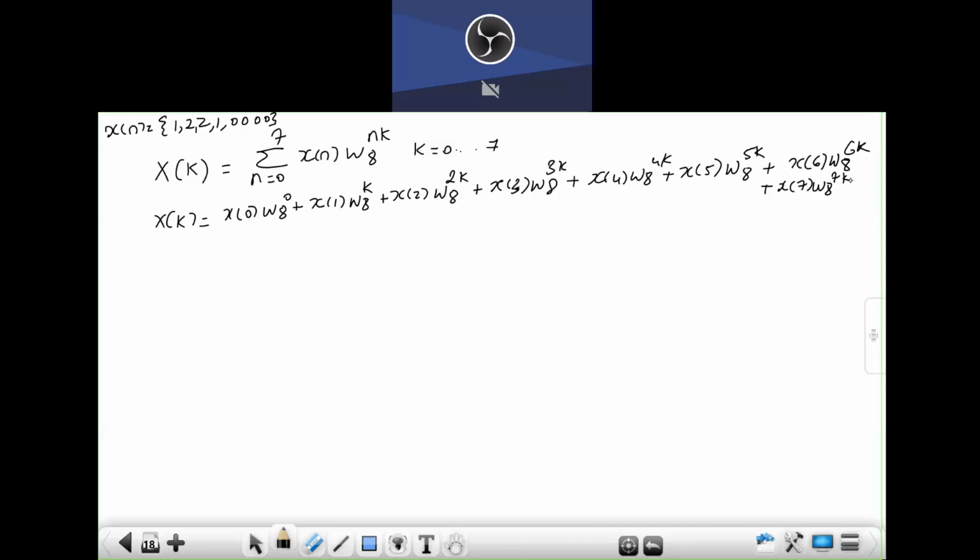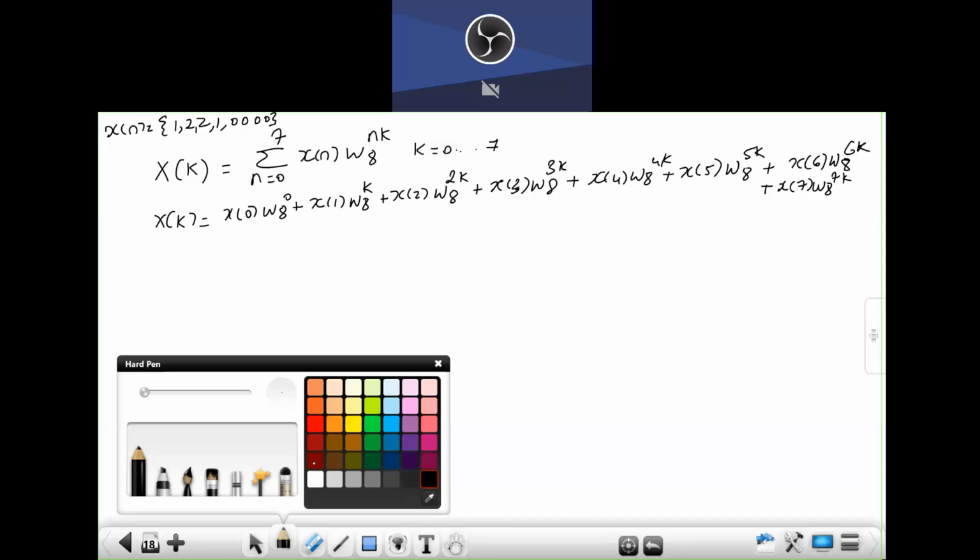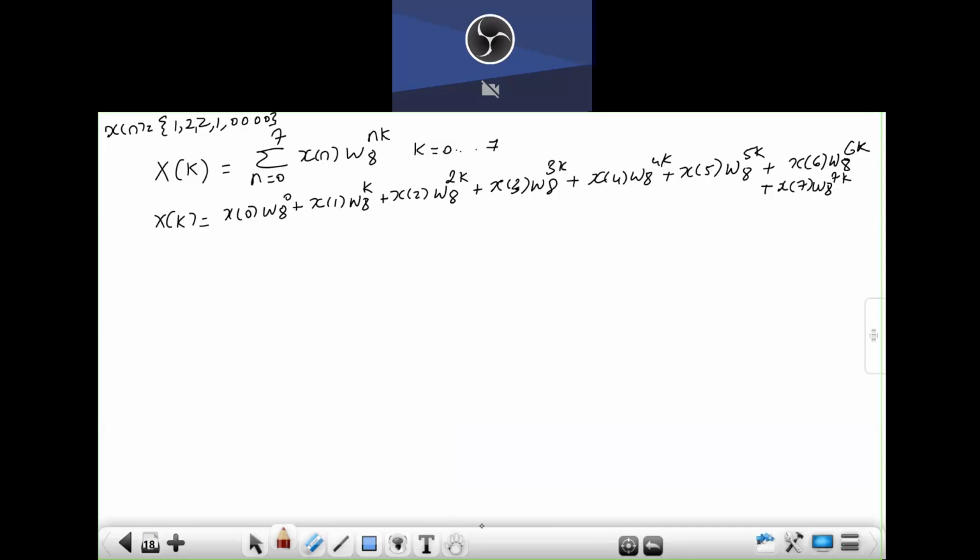Now substitute the values. From x of 4 onwards, that is n equal to 4, you have zero padding, so all these terms are nothing but 0.